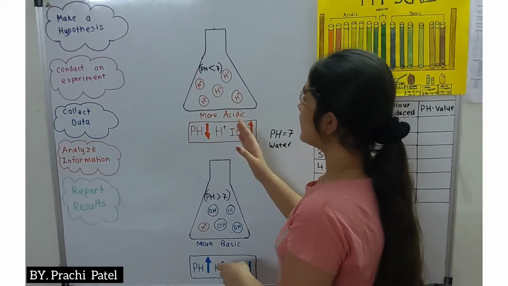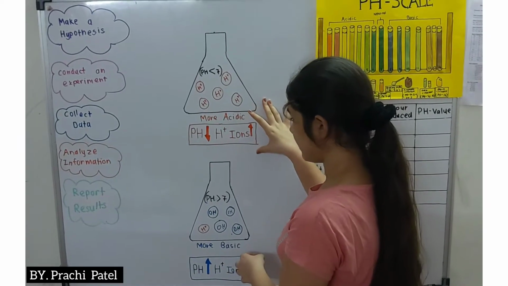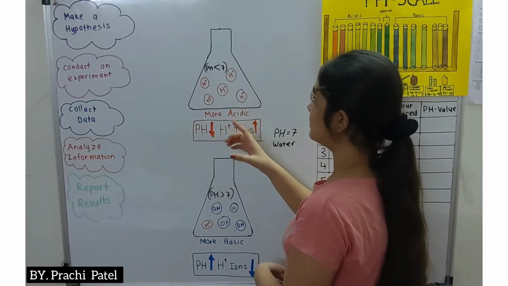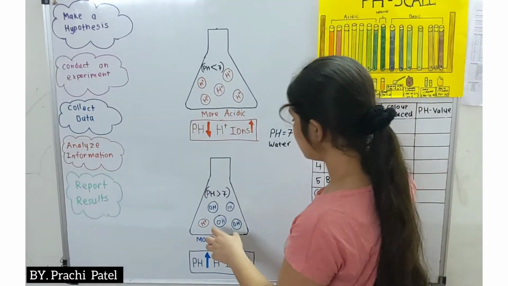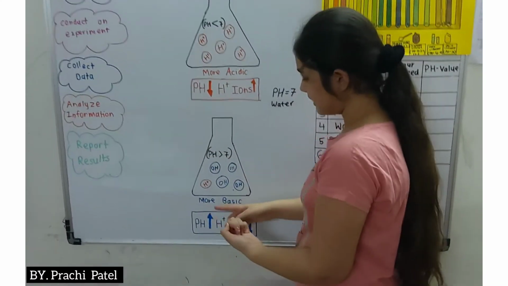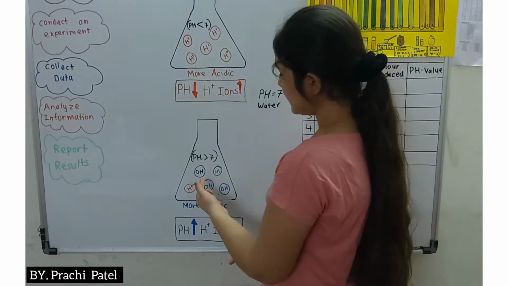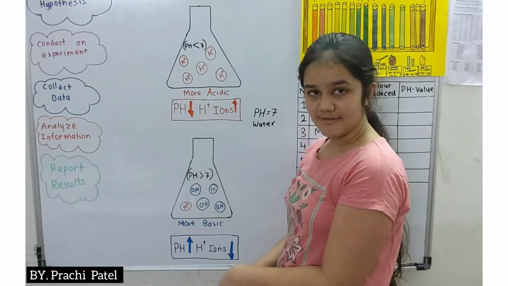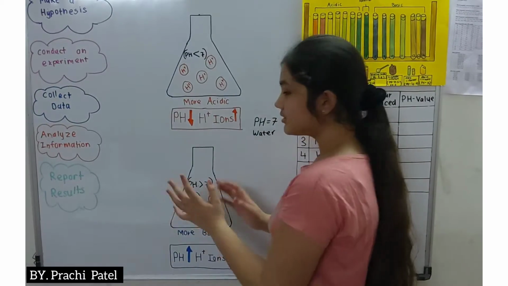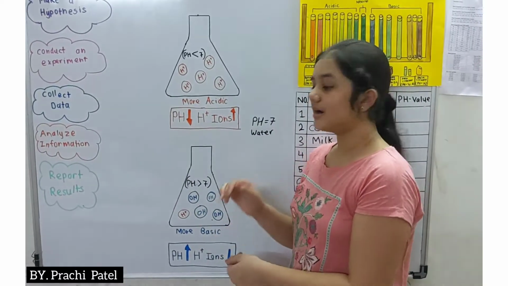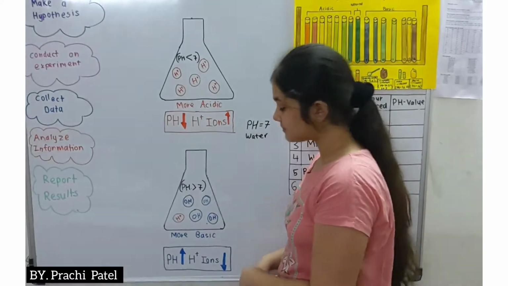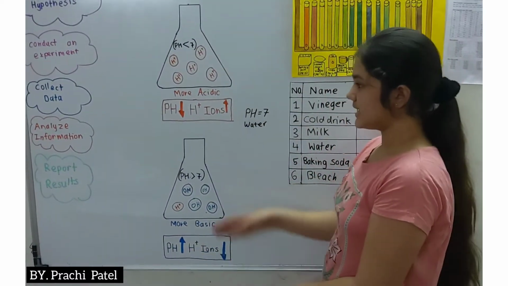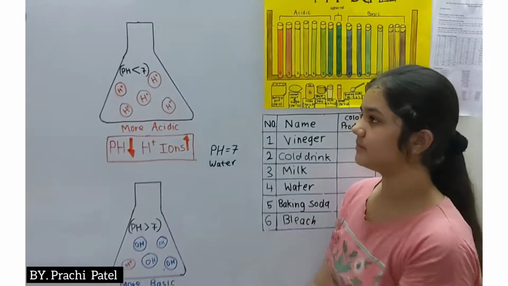So, each acidic substance has a pH value less than 7. Over here in the more basic one, the pH value is more than 7, and they also have H plus ions but fewer in comparison to OH. So here you can see the two data I have shown.